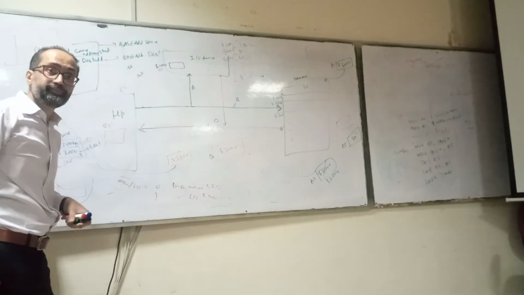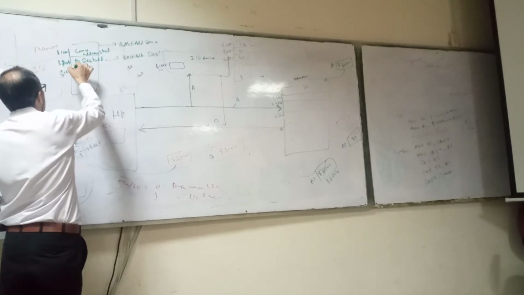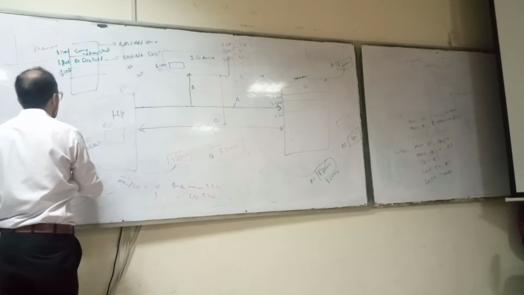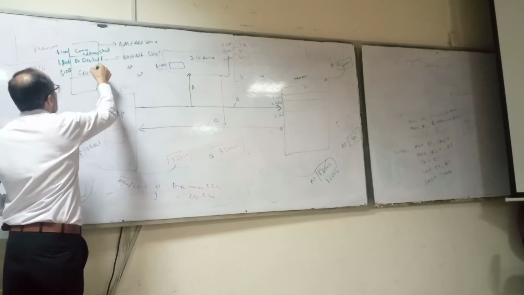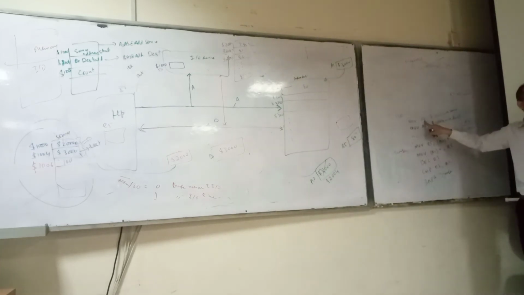Destination. And then the other parameter, $1008, will contain what? Count.